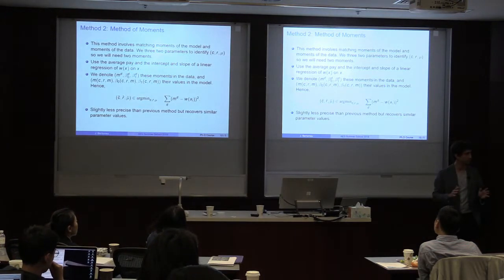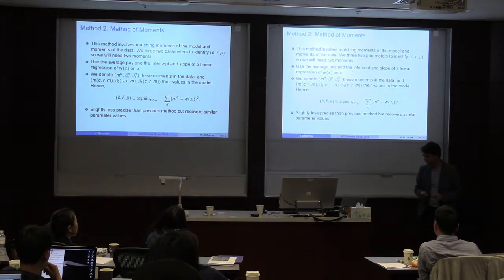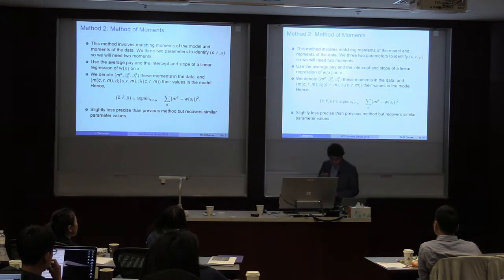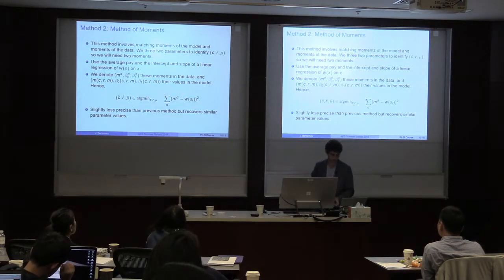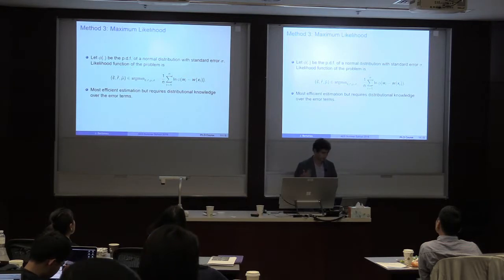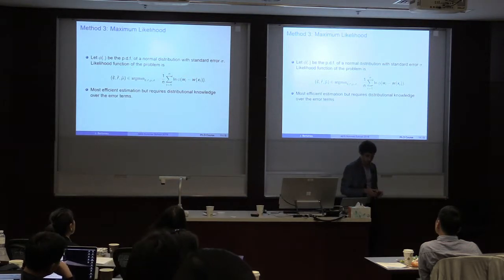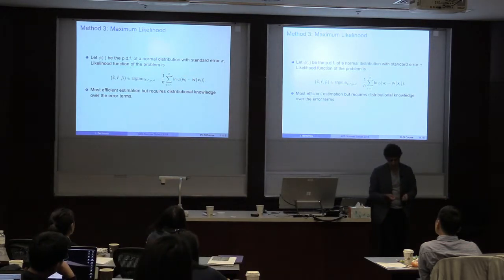And that's how I would try to fit these values. So I can use my simulated data, yeah, so I would try to get the moments in the model and the moments in the data to converge. So I'll show you the code and what it does. But I want to first, lastly, show you the last method, maximum likelihood.